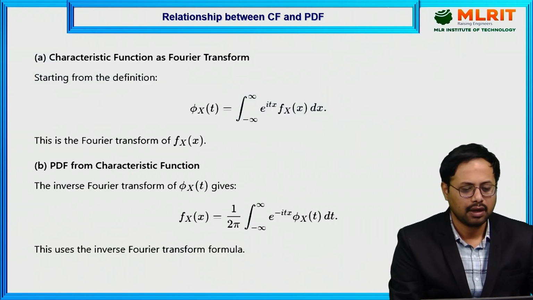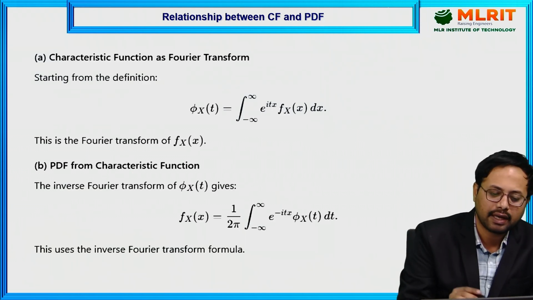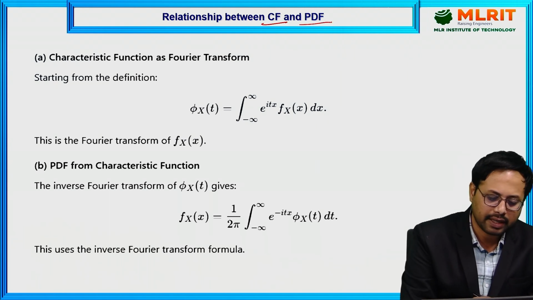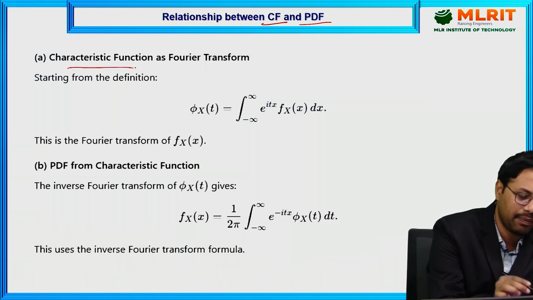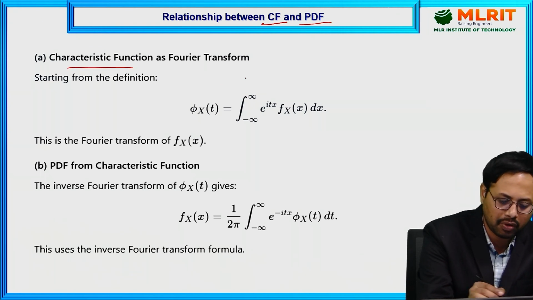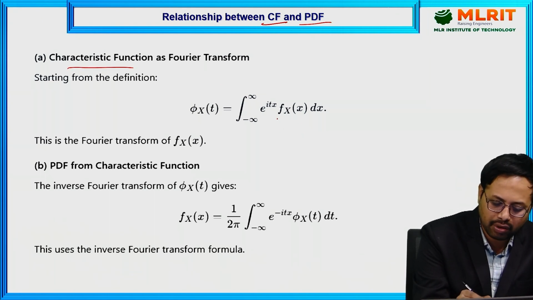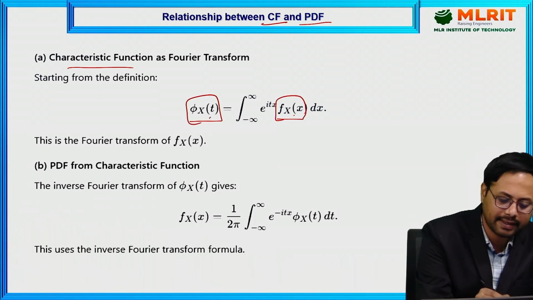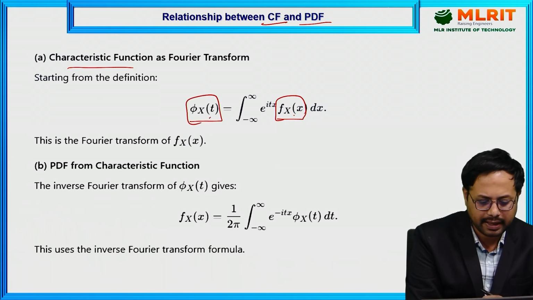Now what is the relationship between the characteristic function and the probability density function? For example, from the exam point of view, they may give a problem with a known density function and ask you to calculate the characteristic function.